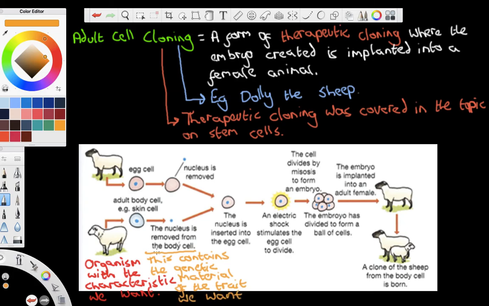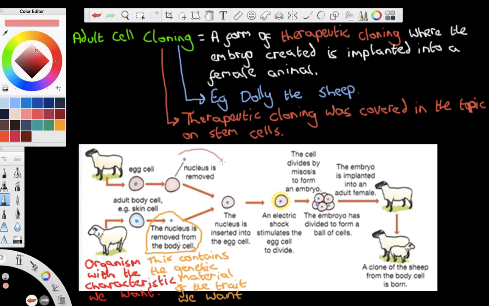Okay? So this nucleus contains the trait we want, whether that's having lots of wool, producing lots of milk, anything. This nucleus is removed, and this nucleus is removed because it doesn't contain any of the DNA we want.